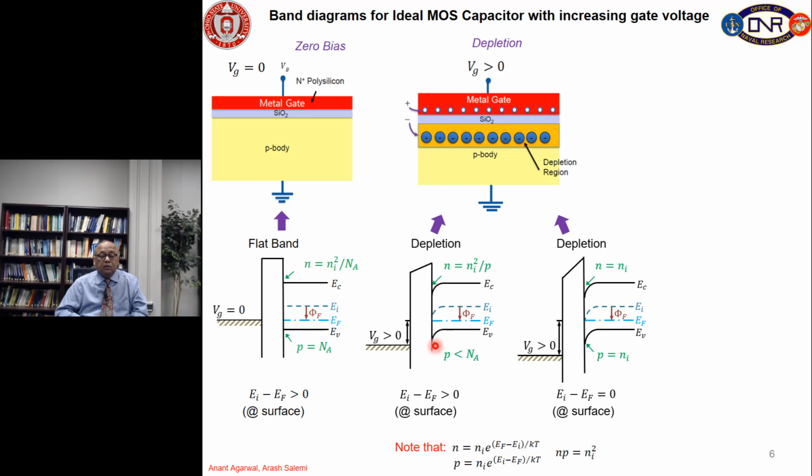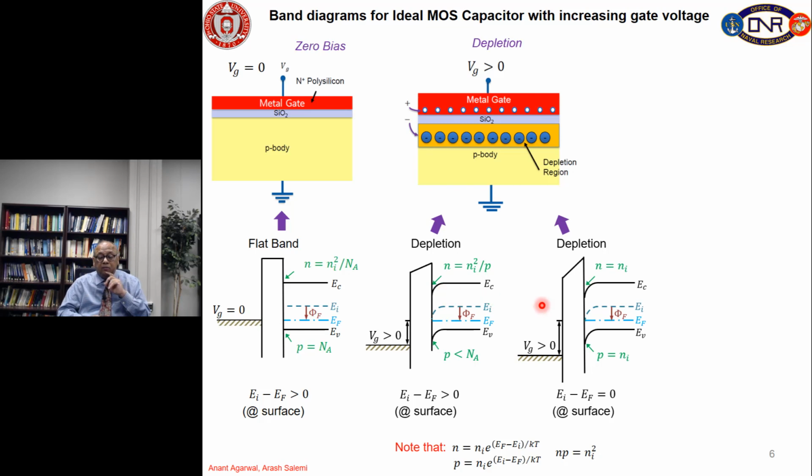When the bands bend down, you can see EI minus EF is going to reduce as we move from bulk towards the surface, and therefore, the hole concentration reduces because it is a depletion region, and electron concentration increases at the surface, because EI minus EF is reducing near the surface. The gate voltage is dropped across this oxide and across this depletion region.